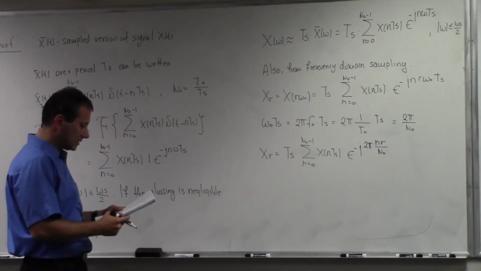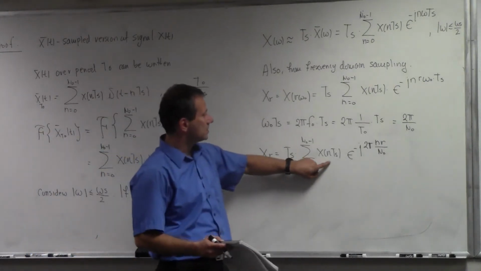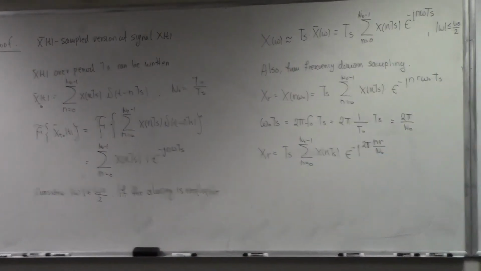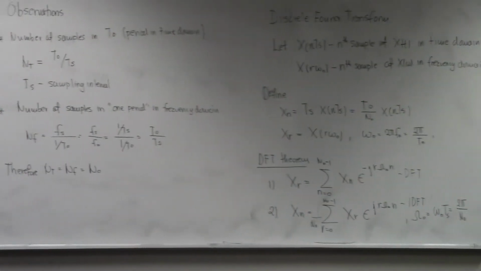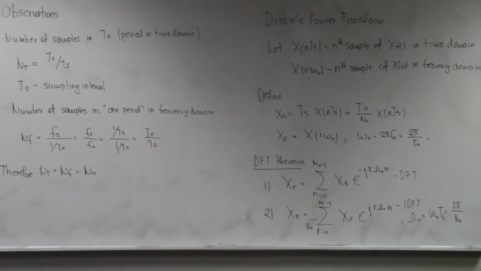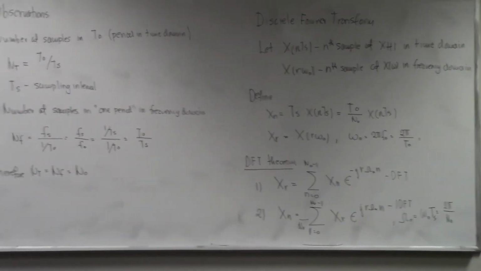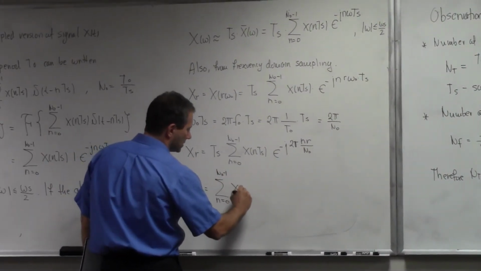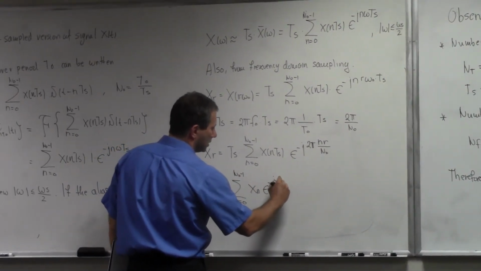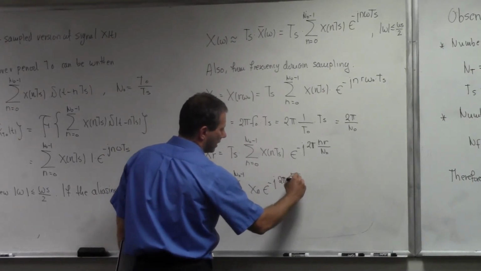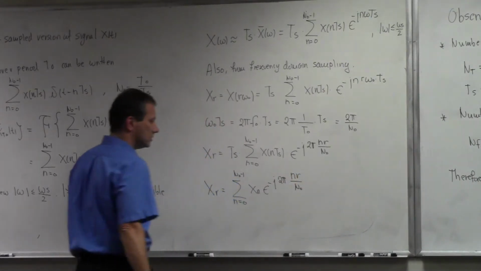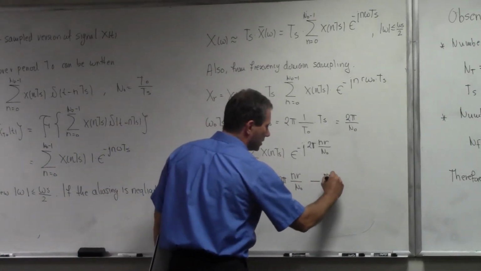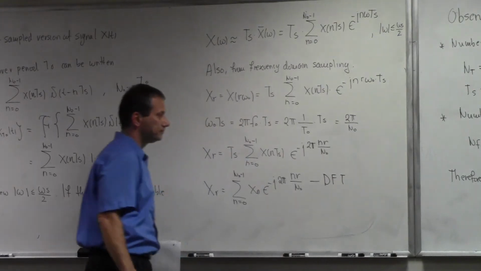Now if I realize that this Ts times x of nts I define to be Xn, then I have the relationship that says Xr is equal to the sum, n goes from 0 to n0 minus 1, of Xn e to the minus j 2 pi nr over n0, which is the statement of my discrete Fourier transform.